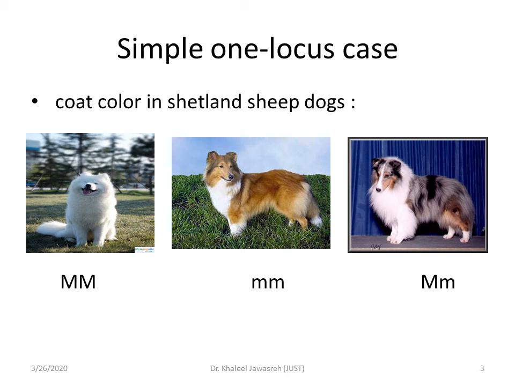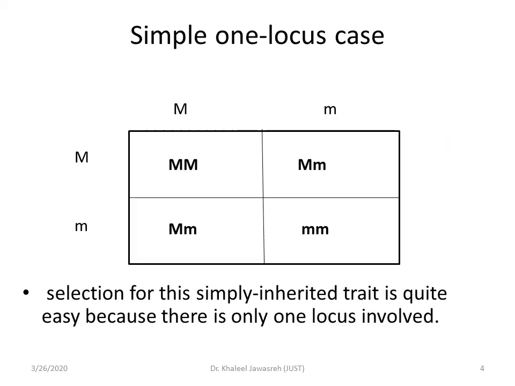So it's very easy to select for those animals, because this mutation produces a very obvious phenotype. This phenotype is clearly distinctive. You can identify those heterozygous from homo recessive or homo dominant. So it's very easy to select or to cull the preferred individuals.